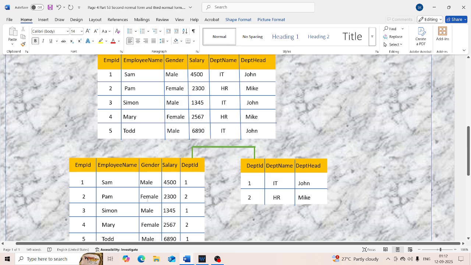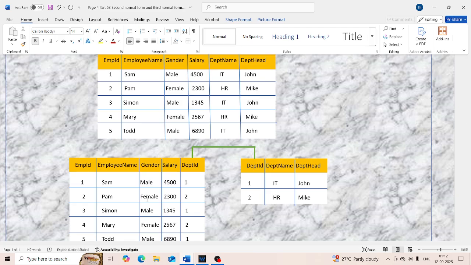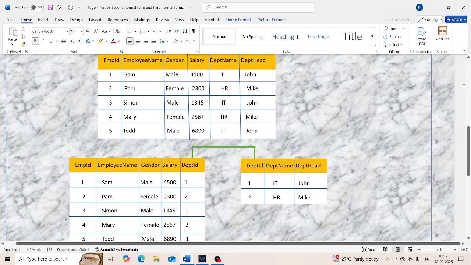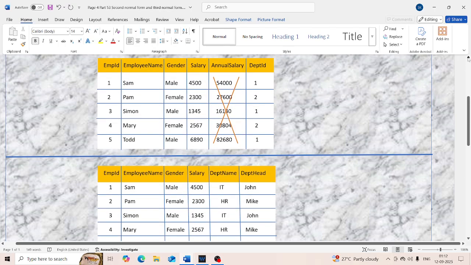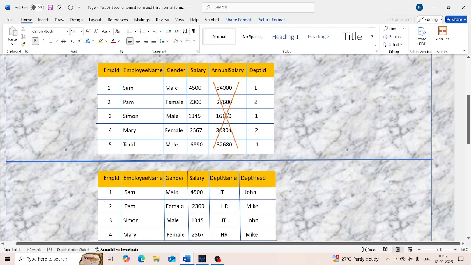So a table is said to be in the third normal form if it does not contain any columns that are not fully dependent upon the primary key. So here annual salary is not fully dependent on the primary key.